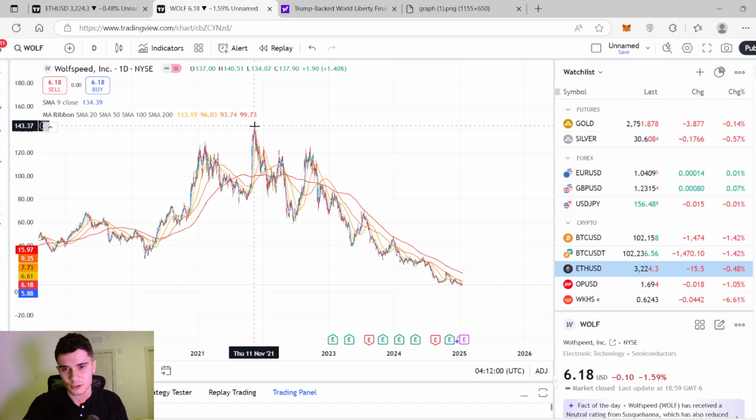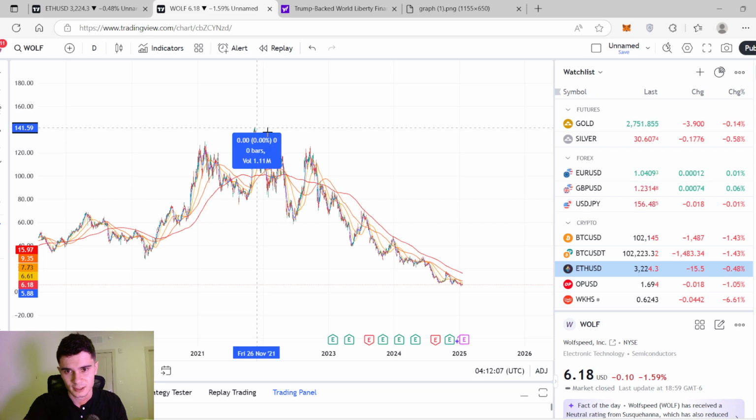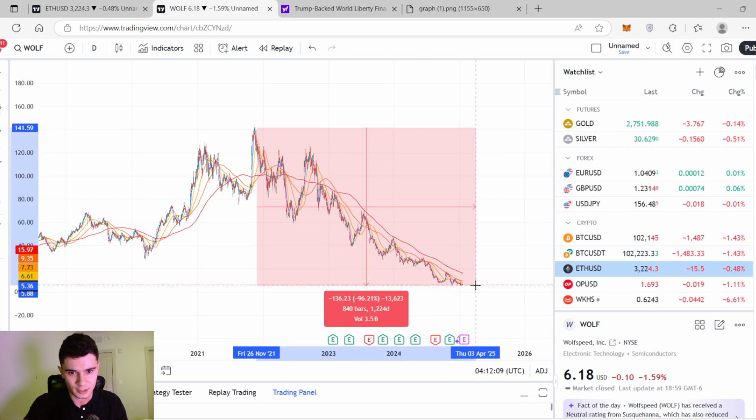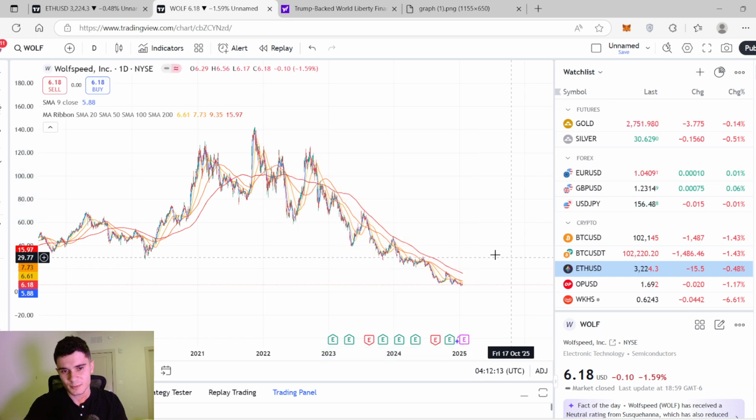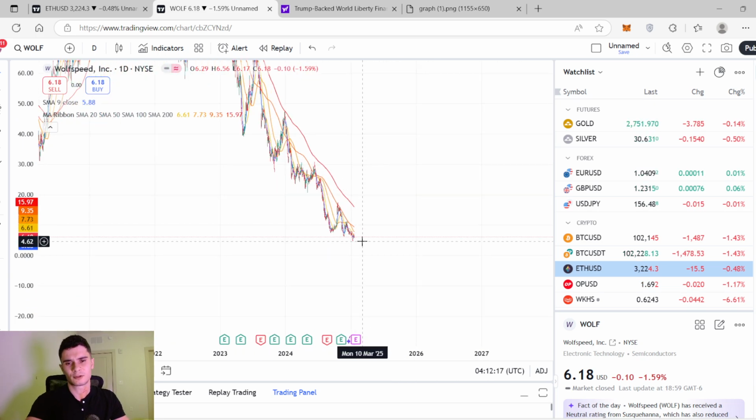And the stock price has just been hammered since 2022. It's down 96%. So there's been a lot going on with this stock. There are a lot of short sellers that were trying to suppress the price of the stock.